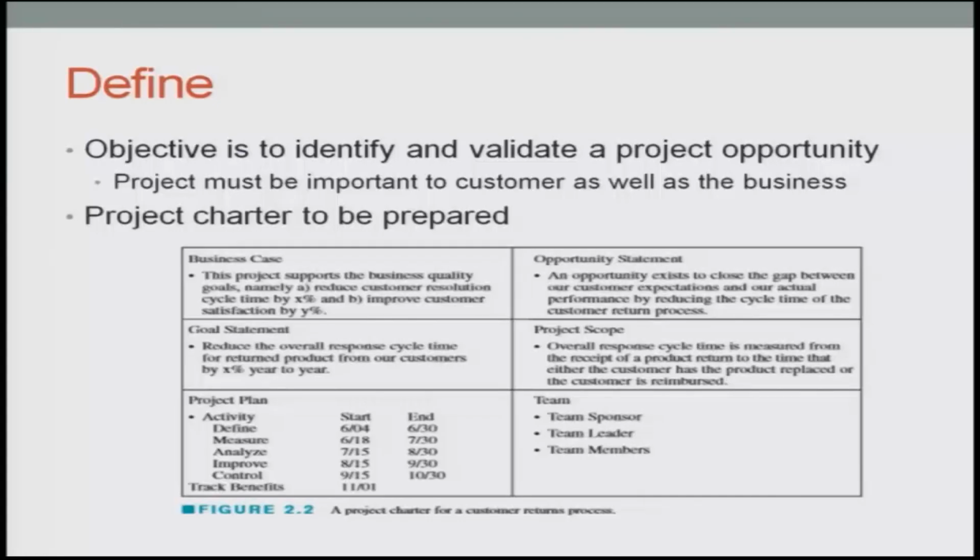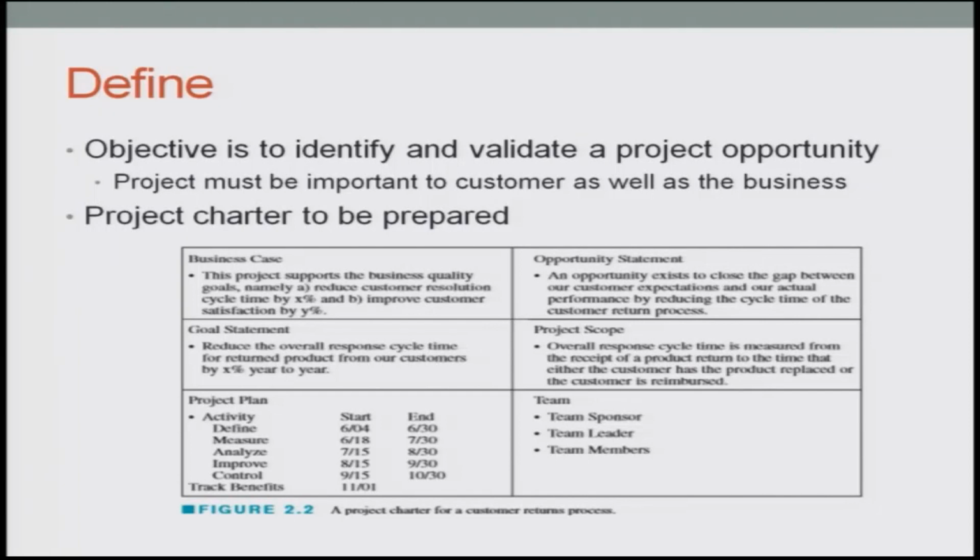So, the project charters are to be prepared, which would be the business case, and under that you will have the business, and this project supports the business quality goals, which are to be implemented. Then you have the goal statement, then you have the project plan, and the opportunity statement would be an opportunity that exists to close the gap between the customer expectation and our actual performance, what we are able to deliver.